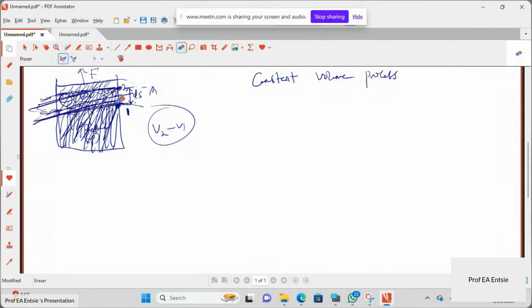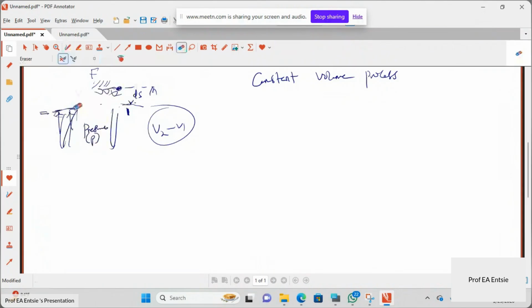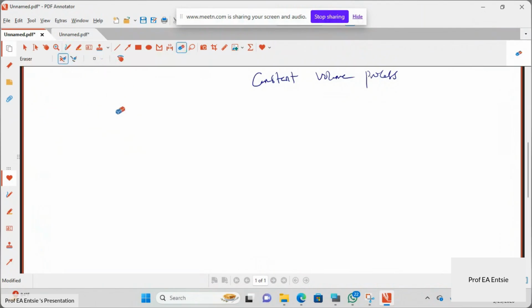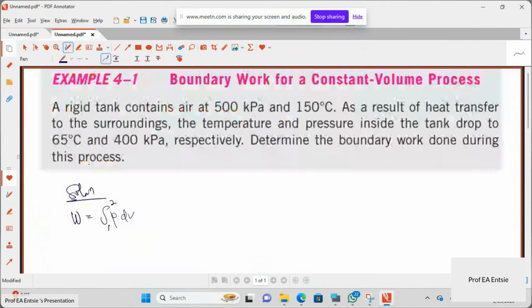Alright, so now let me go back to the problem and solve it. So now it's very simple. Work done will be equal to the pressure, which will be constant, because we are concentrating on the integral of dV. That's what we are integrating with respect to, so anything else will be constant. From 1 to 2, dV.